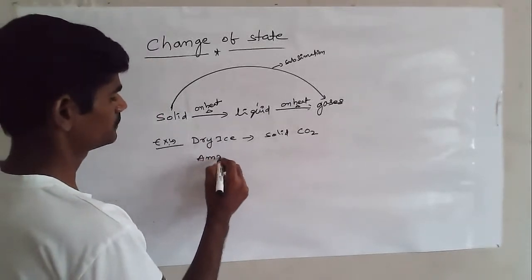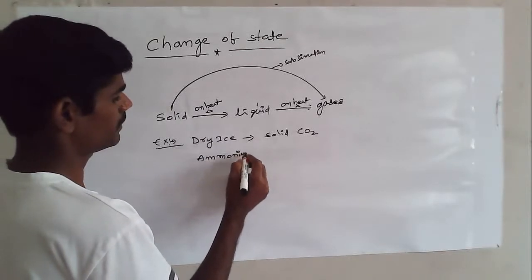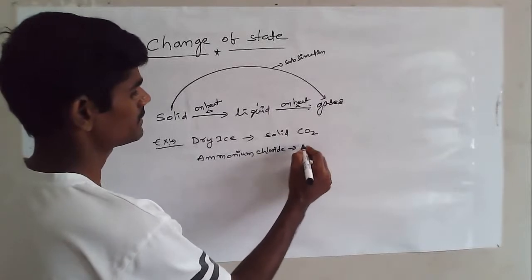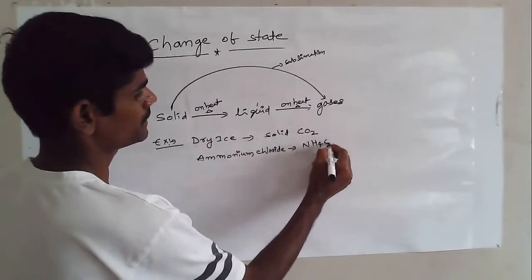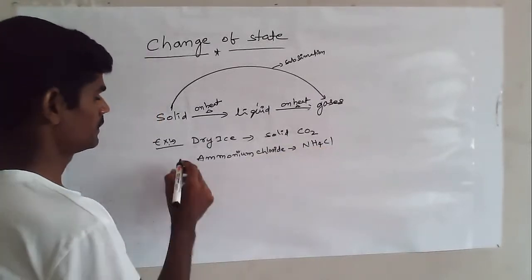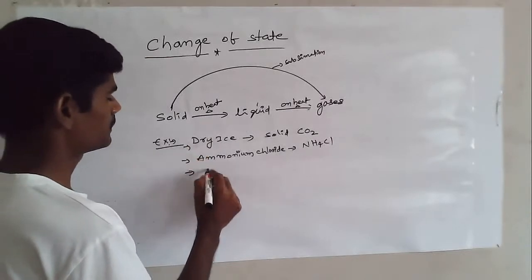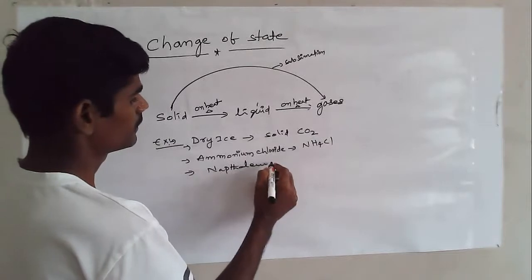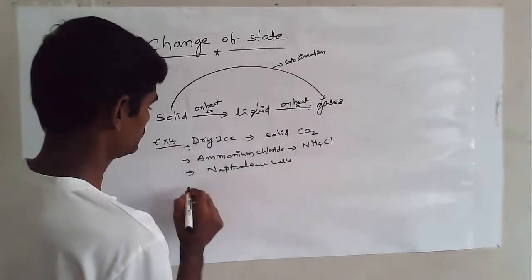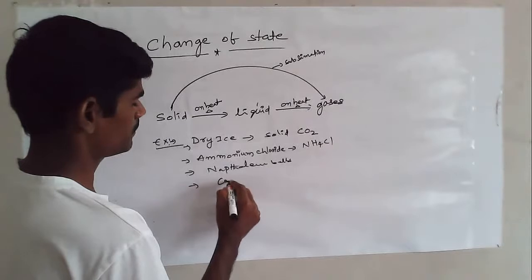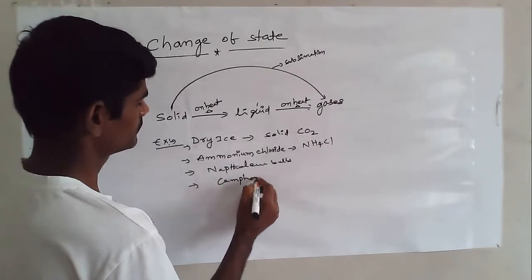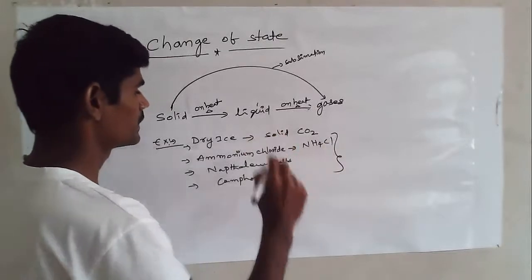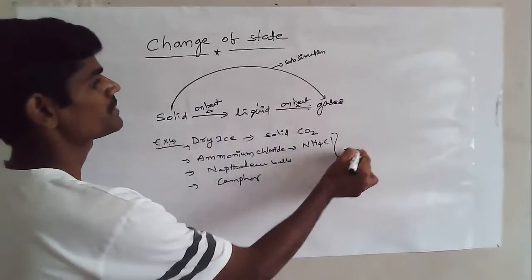Ammonium chloride, the formula is NH4Cl. Naphthalene balls and camphor. Okay, these are the examples for sublimation.